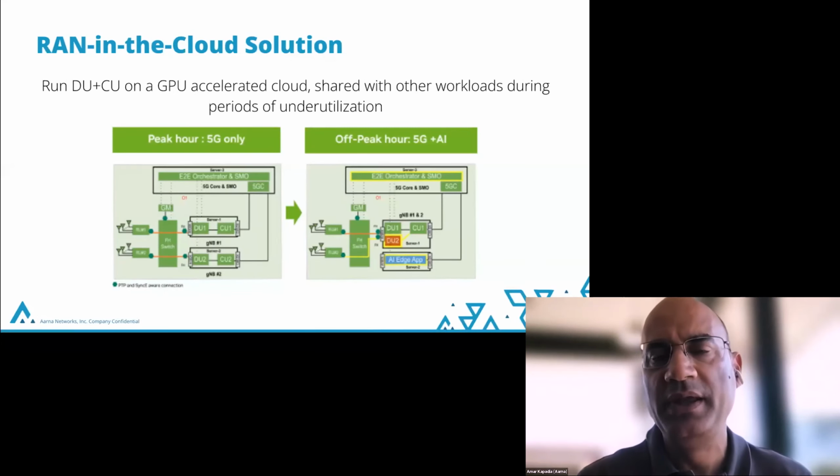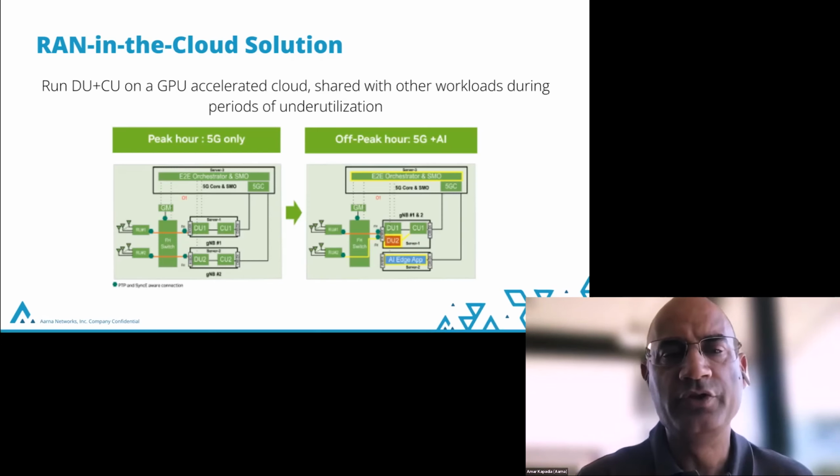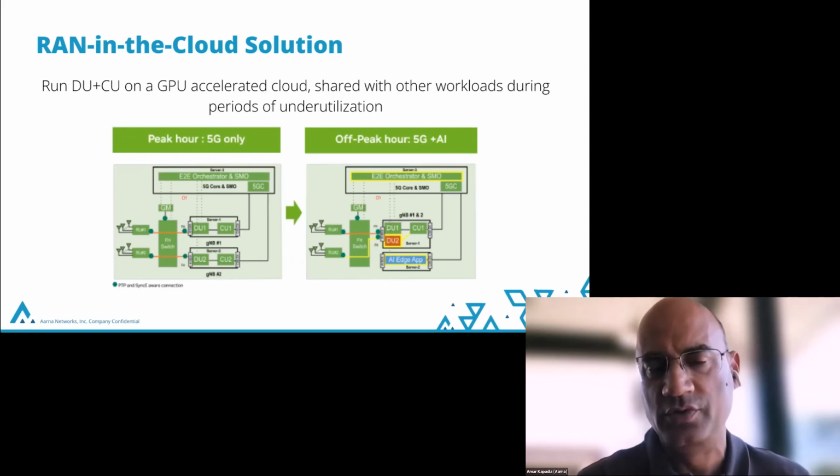But now when you have periods of underutilization, you can replace DU-CU with other workloads. That's what this diagram is showing. It's showing that during peak hours, we are running 5G only. So let's say you have two nodes, right? In this case, we are showing two nodes. One node is running DU-CU, the other node is running DU-CU as well.